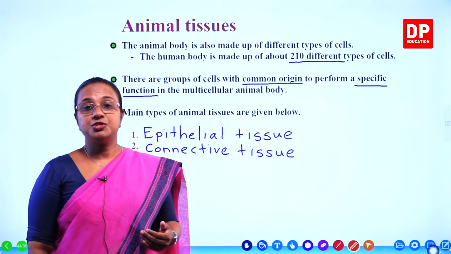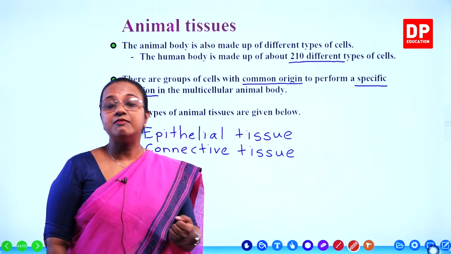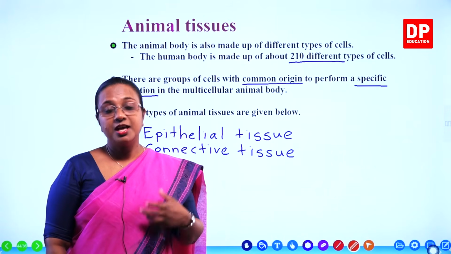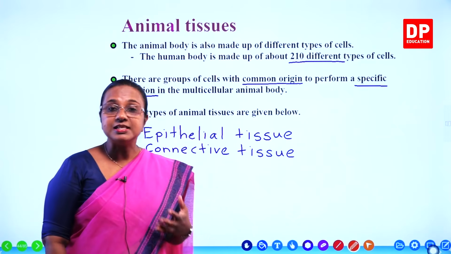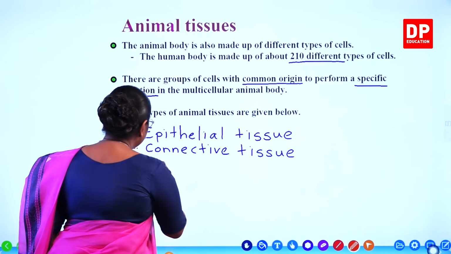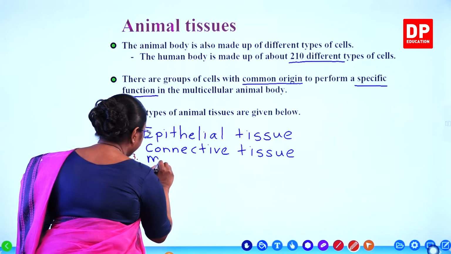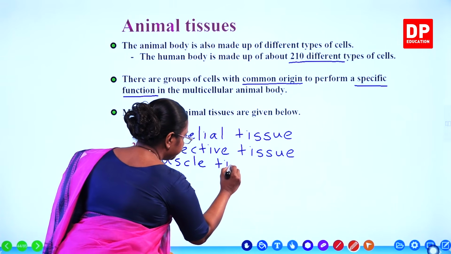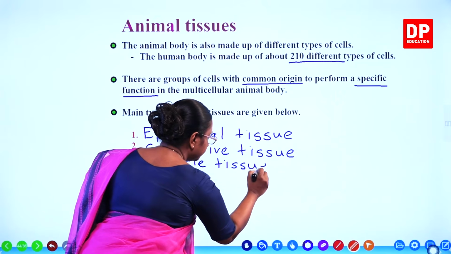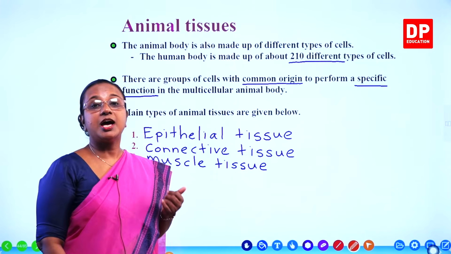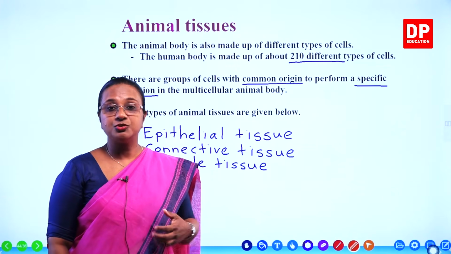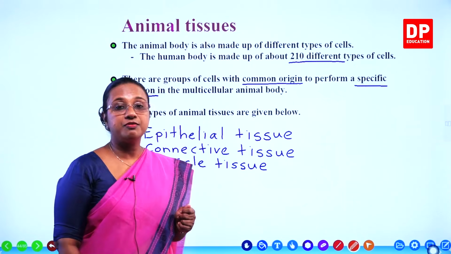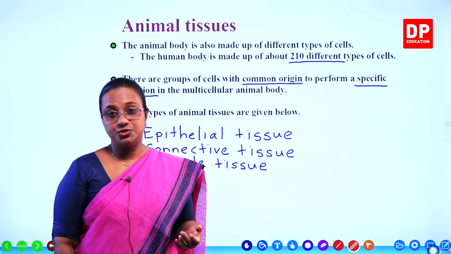The third type of tissue helps us in our movement as well as locomotion. Those are the muscle tissues, for many different types of movements. And the fourth type of tissue is there to coordinate and control the functions of all these different tissues.